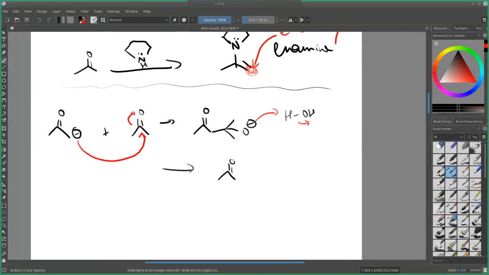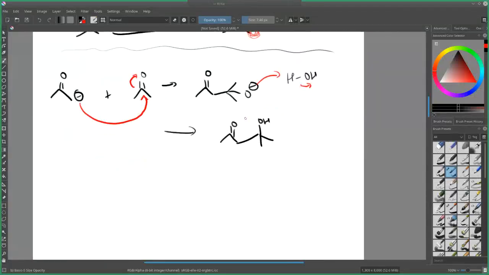Like, you've made a totally new sort of compound which has an alcohol that is, maybe let me pick a new color for this. So here we have the ketone, and then here's the alpha carbon, and then we have the beta carbon.